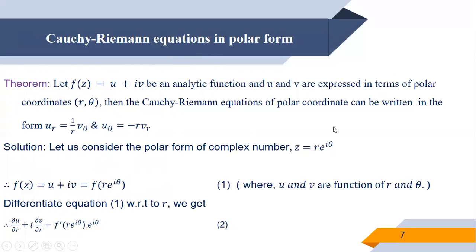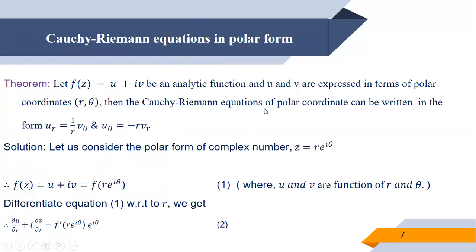So we consider one theorem. Let f of z is equal to u plus iv be an analytic function, and u and v are expressed in terms of the polar coordinates r and theta.